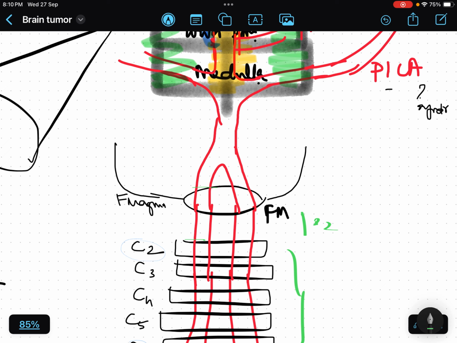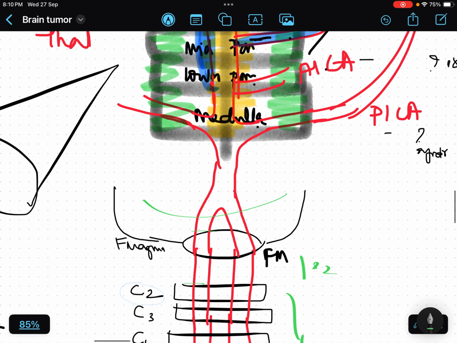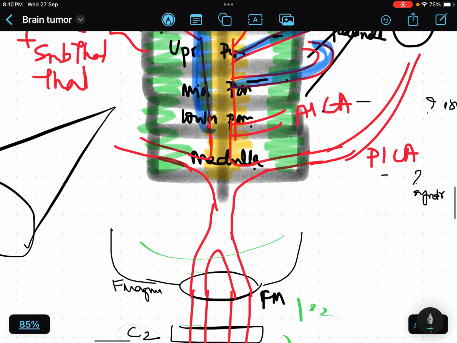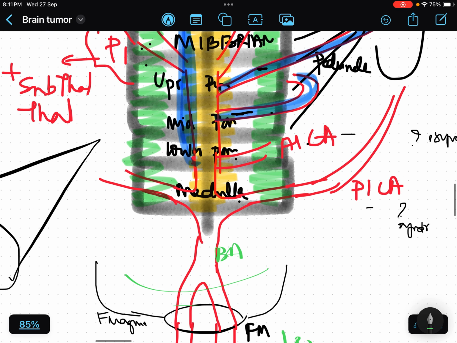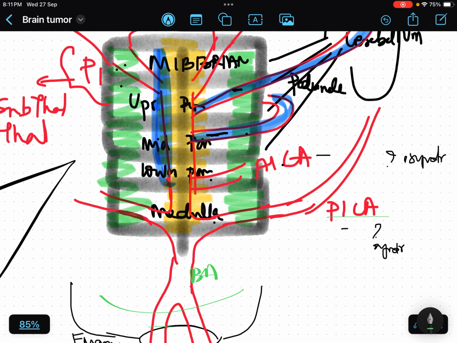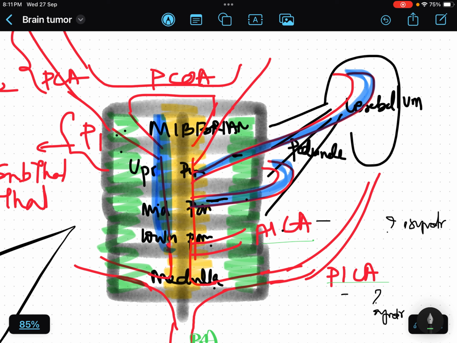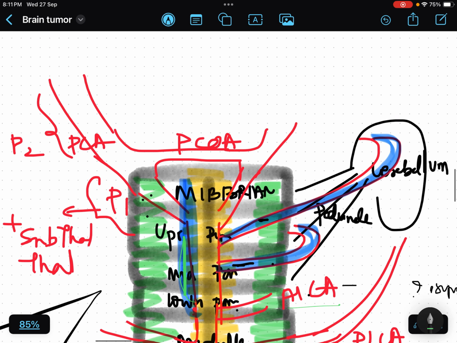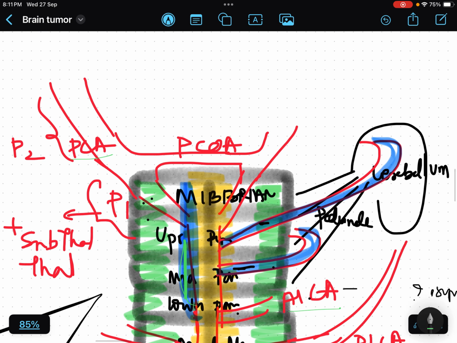Then comes the dural piercing of the vertebral artery. Then the two vertebral arteries will join to form the basilar artery. The basilar artery has many branches: posterior inferior cerebellar artery, anterior inferior cerebellar artery, short circumflex, long circumflex, and paramedian branches, and then it will continue as PCA, posterior cerebral artery.